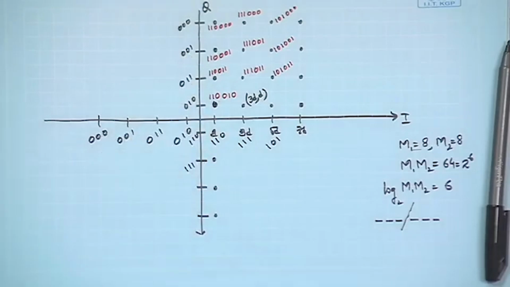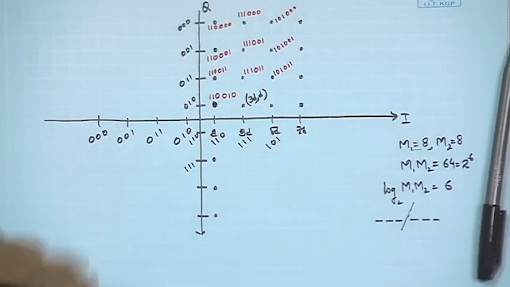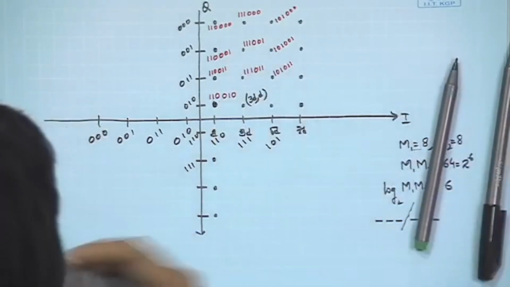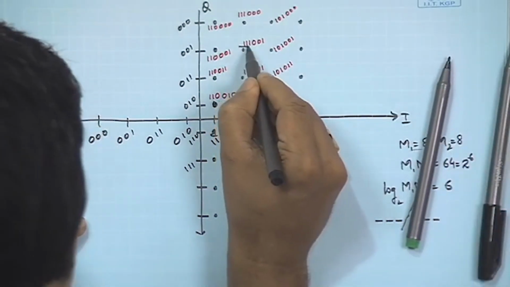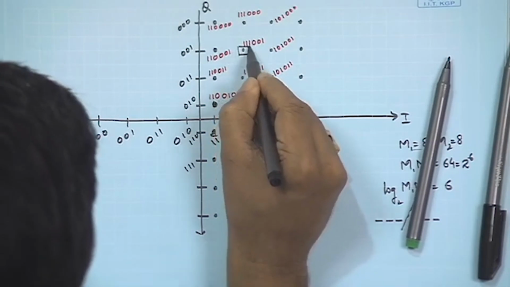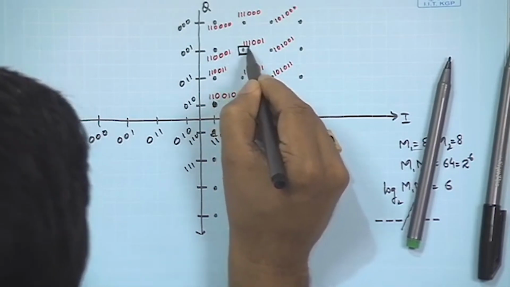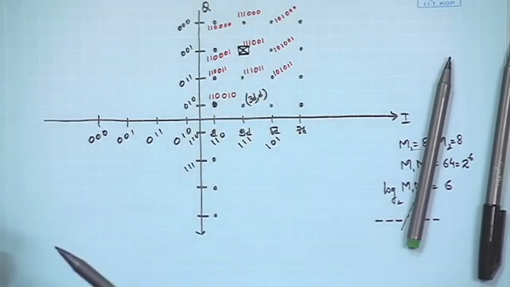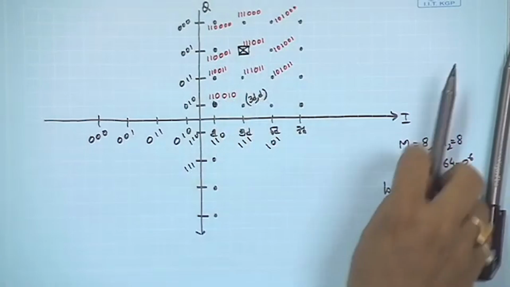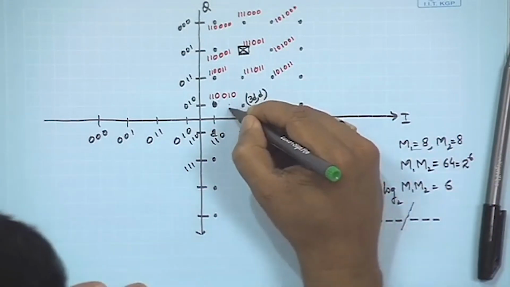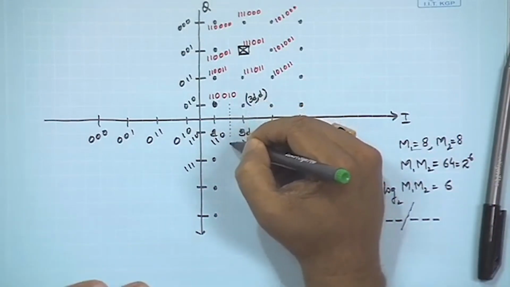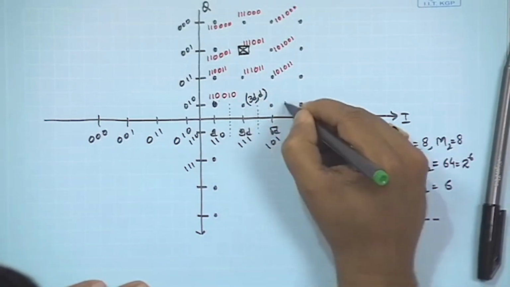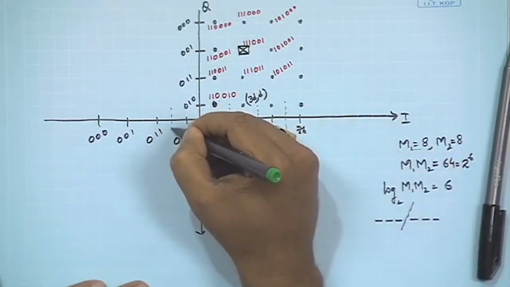Now, trying to discuss what we have seen before. Suppose our constellation of interest is this particular constellation. As we had done before, for PAM our decision boundary, more details on decision boundary will be discussed later, let us choose halfway between the amplitude points.